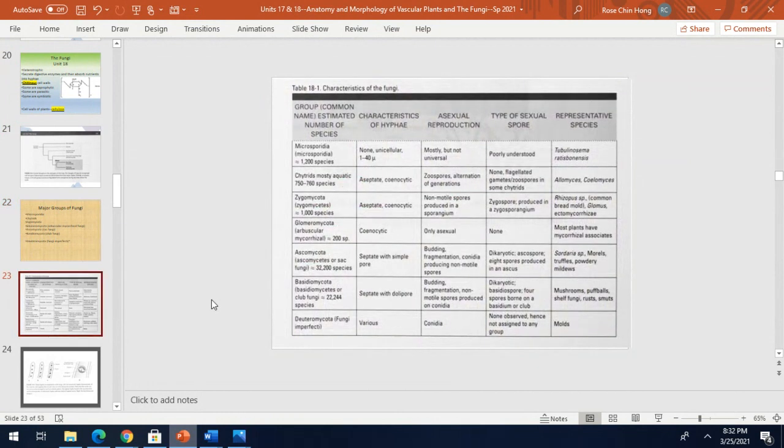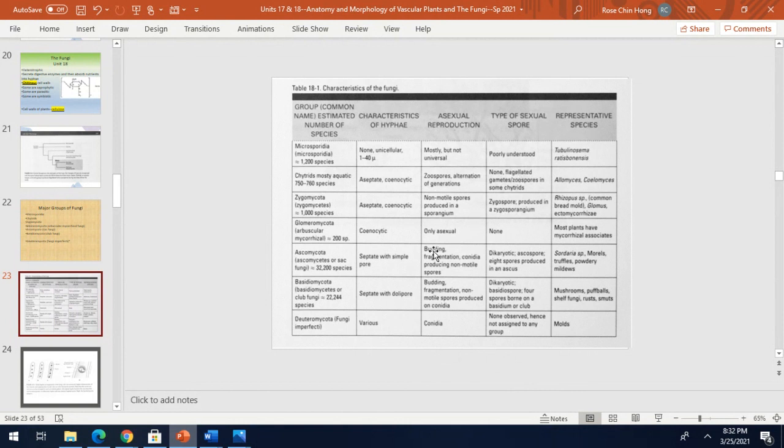Okay, so now let us look at the characteristics of the fungi. This is very important that you do know the characteristics, so it helps you sort out the groups of fungi. You have the different things you look out for, like the type of hyphae, the characteristics of the hyphae, what kind of reproduction they have, whether it's asexual and or sexual that we know of, and the representative species.